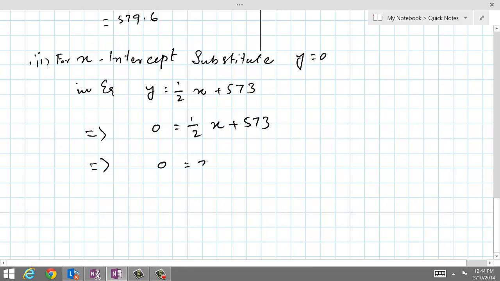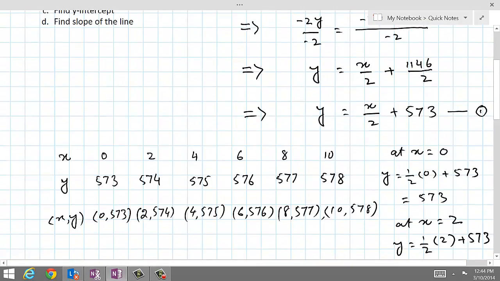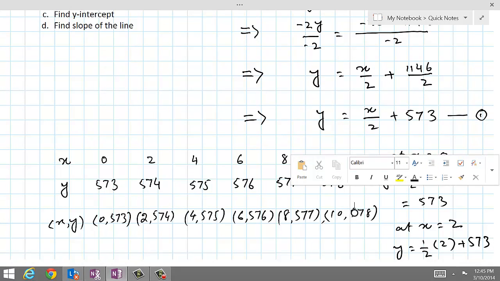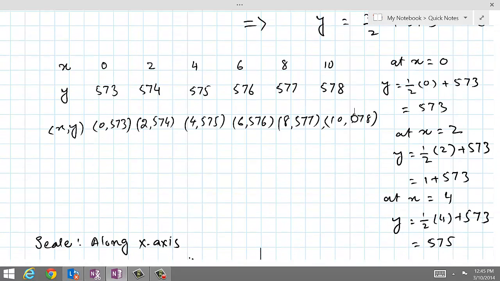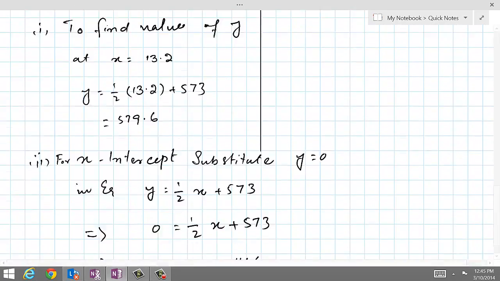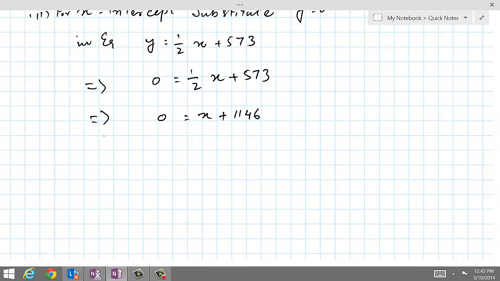and this should give us 0 equal to x plus 1146, if you multiply 2 throughout, both sides will get multiplied by 2, and this is what we'll get. So that is the value for the x-intercept.